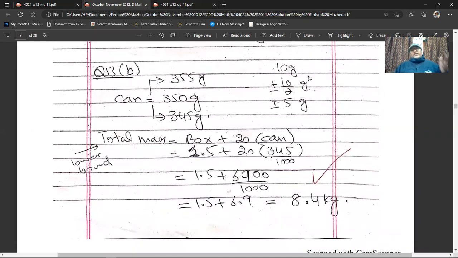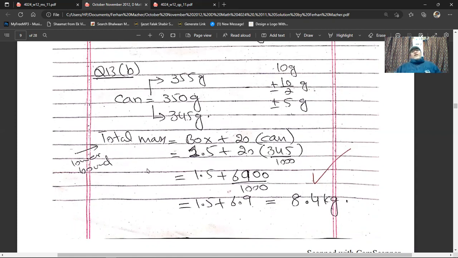So 10 divided by 2, you get 5 grams, plus minus. The can is 350 grams, and if you add 5 to it, you get 355 grams, that's the upper bound of the can. Subtract 5 from 350 grams, you get 345 grams, that's the lower bound of the can.